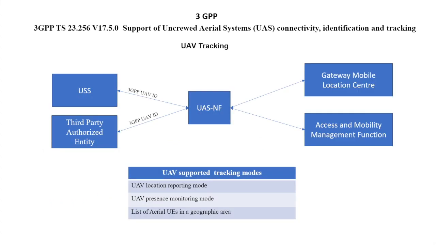When USS or a third-party authorized entity subscribes for UAV tracking, UAS-NF will provide reporting by communicating with the Gateway Mobile Location Center and the Access and Mobility Management Function. The architecture supports three tracking modes: UAV Location Reporting Mode, UAV Presence Monitoring Mode, and list of aerial user equipments in a geographic area. That is it.